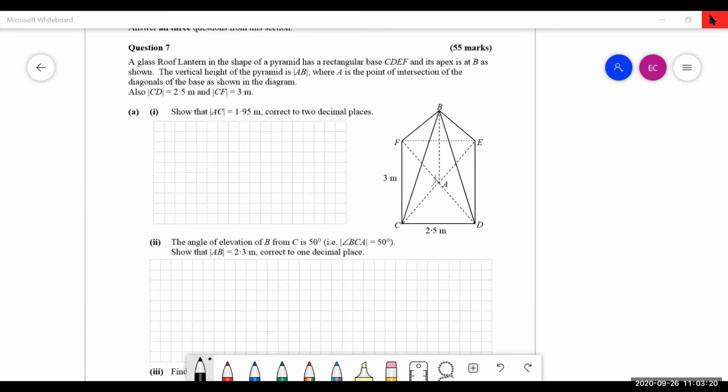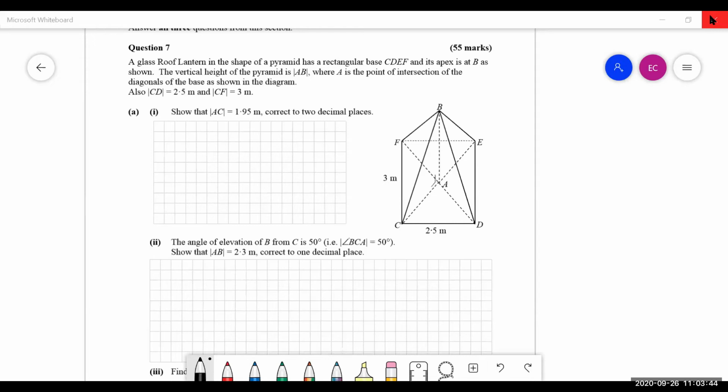That's going to be used in the first part of the question. Also shown is CD equals 2.5 meters and CF equals 3 meters. So that's all the information we're given there.